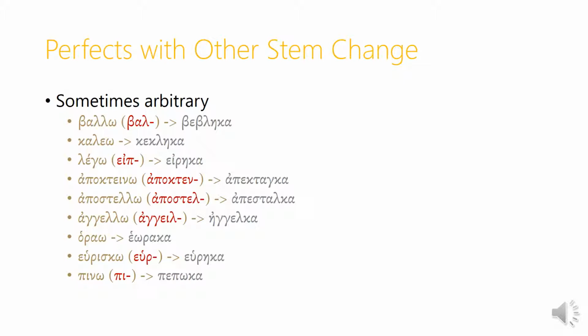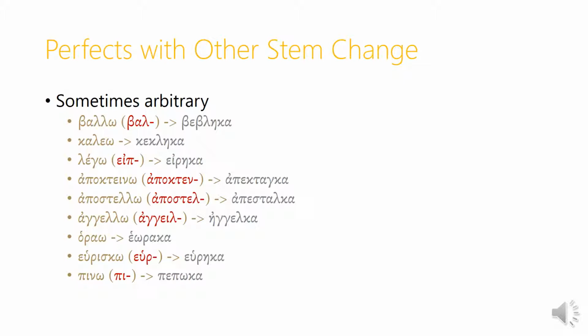And so the perfect is bebleka. Similarly, kaleo becomes kakleka in the perfect. Lego, which uses the ape stem in the second aorist, apon, uses an era stem in the perfect. So instead of lelek or something like that, we have ereka.